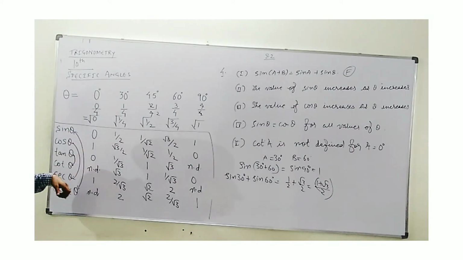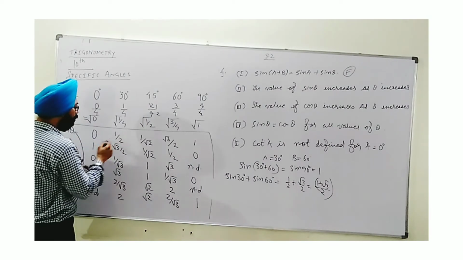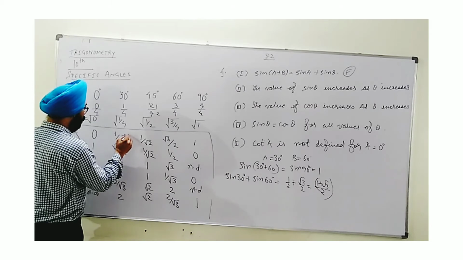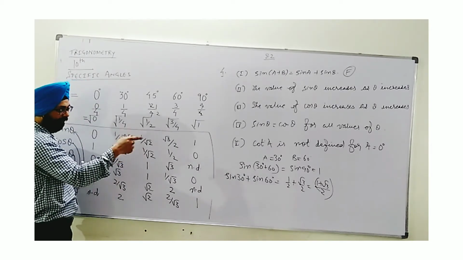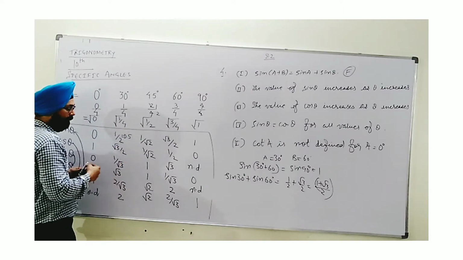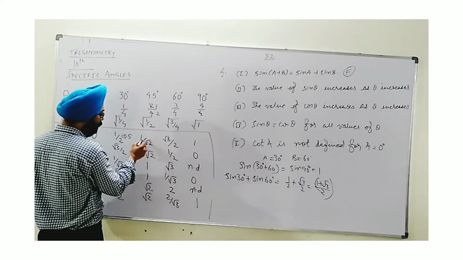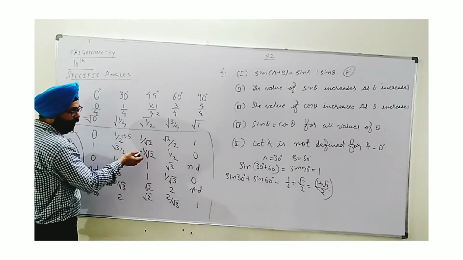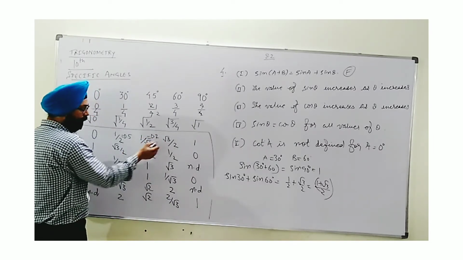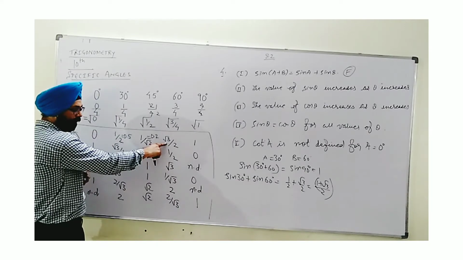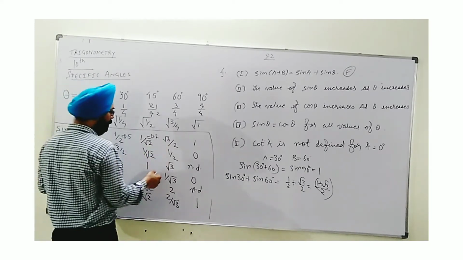So this is 0. Then 1 by 2, which can be written as 0.5. 1 by root 2 was recently explained in the previous lecture. By rationalization, we can solve it and we will get around 0.7. Root 3 by 2: directly, root 3 value is 1.732, that can be put here.